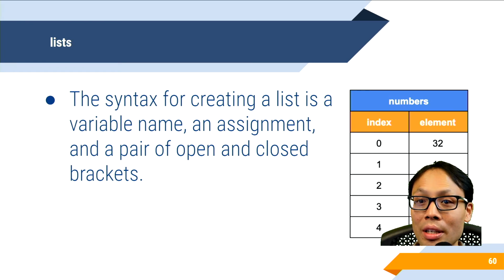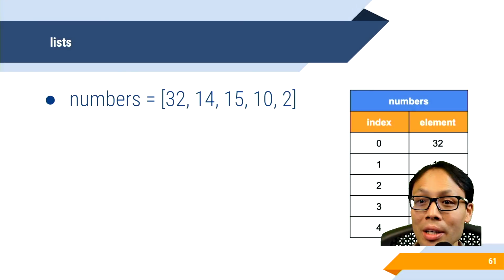The syntax for creating a list is a variable name, assignment, and a pair of open and close brackets. So it kind of looks like this. In this example, we've got numbers equal bracket 32, comma 14, comma 15, comma 10, comma 2. And that's creating a list of numbers. And those are just numbers that I happen to pick.